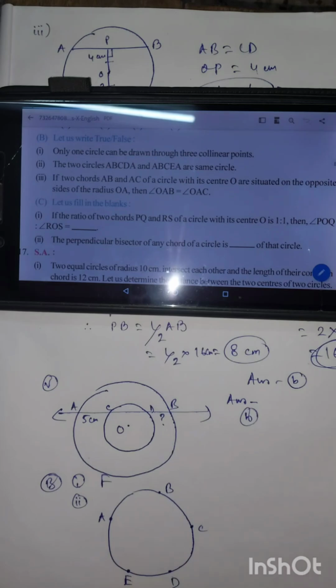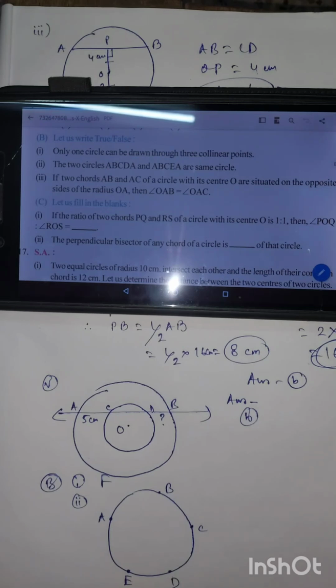Okay, so these points A, B, C, D, E are actually situated on the circumference of a circle. We know there can be infinite number of points on the circumference of a circle.